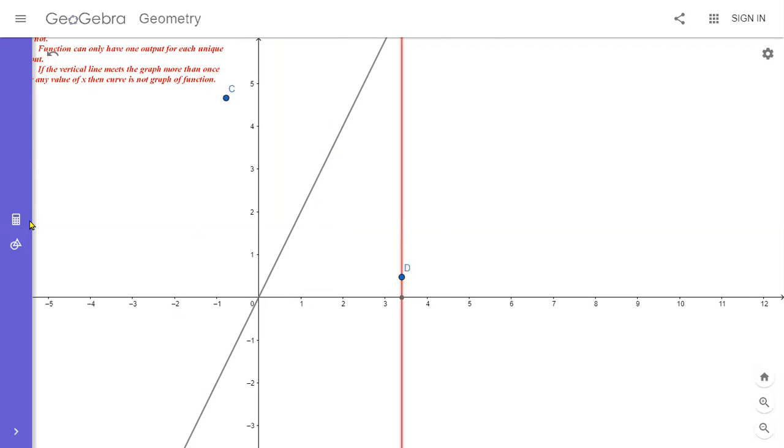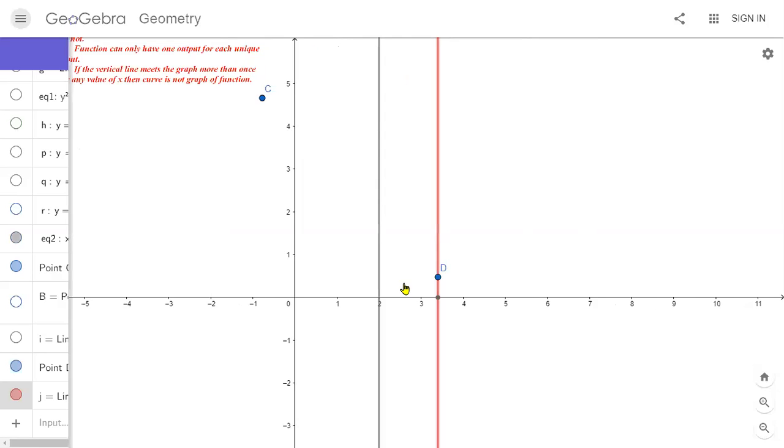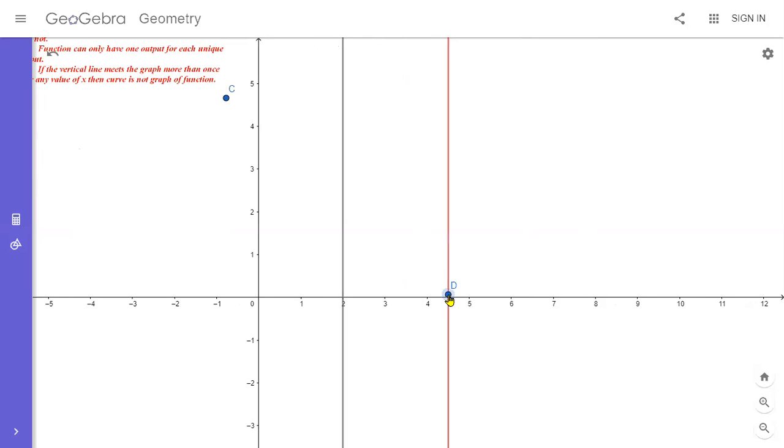Let me take one more equation. This red line is our vertical line, and this is the given graph. Let's put this vertical line over the given graph, and here we can see that this vertical line touches at so many points, infinitely many points.